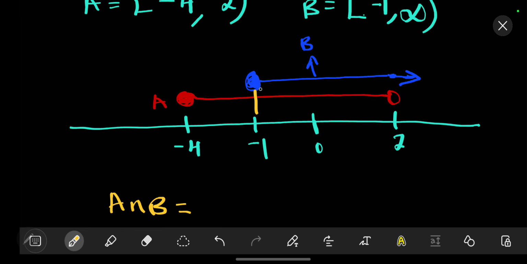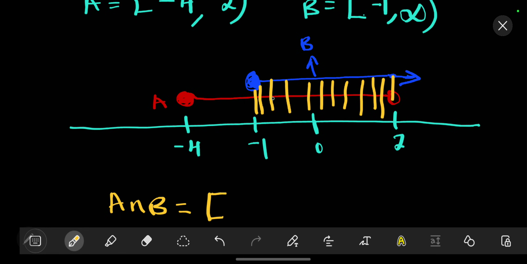So we are going to have shadings like this. So all these are where A and B are meeting. So up until +2. Now get the point to say in A, 2 is not included. So therefore, we should have an open circle at that point. So we are going to say that our set will be equal to, we have a closed circle since -1 is found in both.